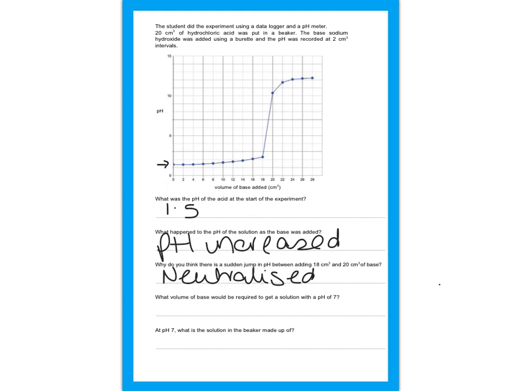Well, to get a solution of exactly pH 7, there's 5, 6, here's 7. We would need roughly, I'd say, about 19 centimetres cubed. And at pH 7, what is the solution in the beaker made up of? Well, it's made up of two things. It's made up of our salt and it's made up of our water.